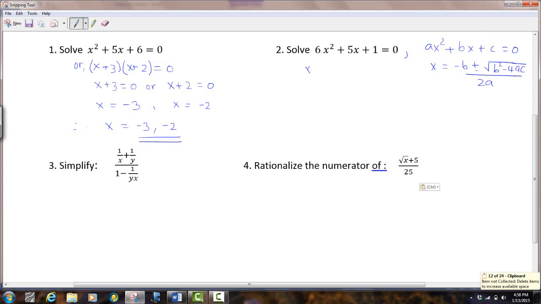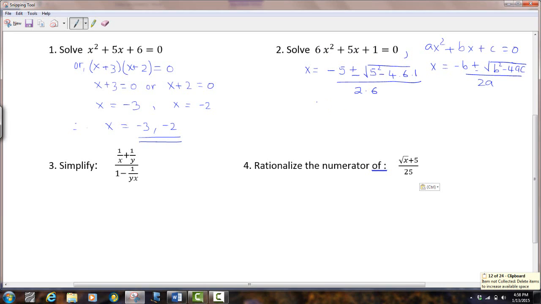So if you compare this equation with ax squared plus bx plus c equals 0, here a is 6, b is 5 and c is 1. So x equals minus b, which is minus 5, plus or minus the square root of b squared, that means 5 squared, minus 4 times a, which is 6, times c, which is 1, divided by 2 times a, which is 6.